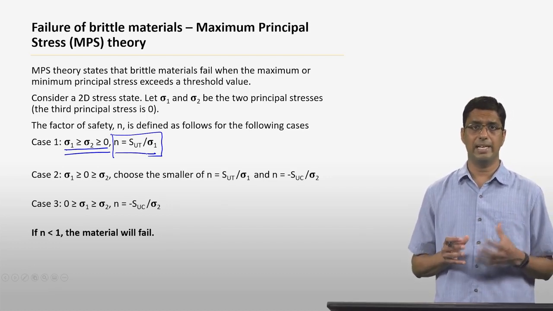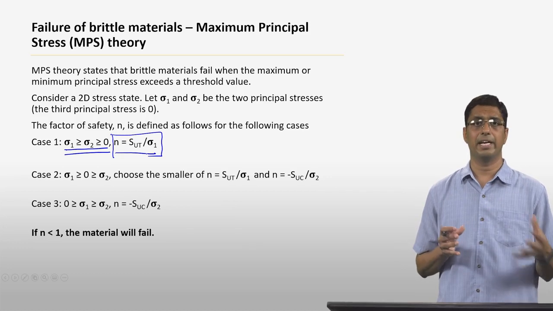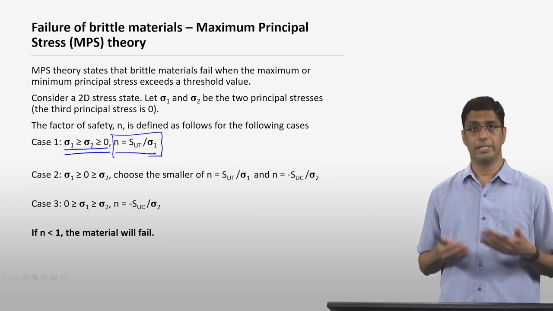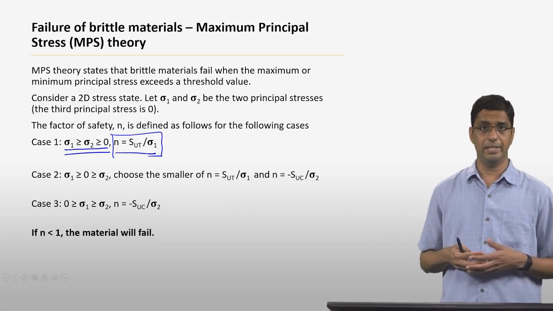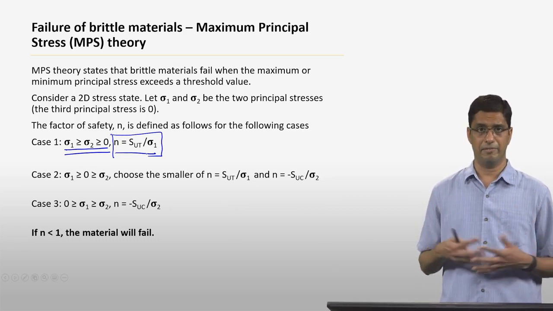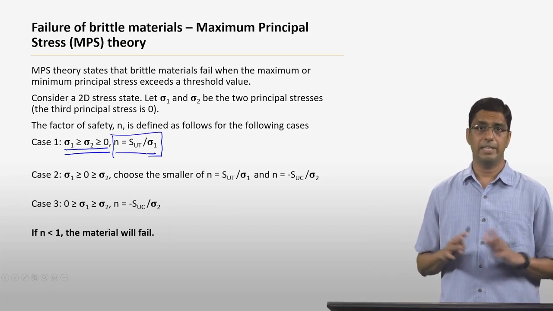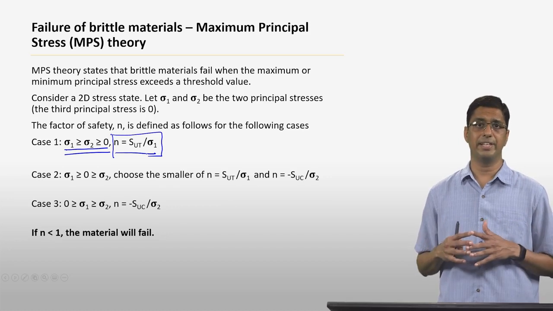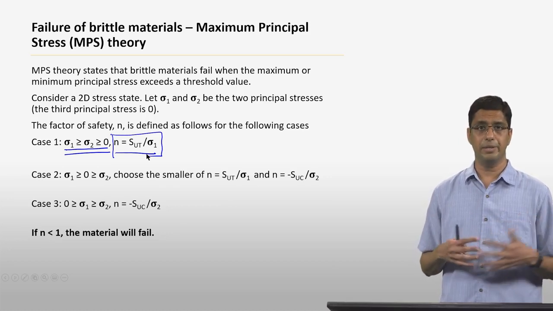And of course, if your sigma 1 exceeds SUT, your n will be less than 1, which means the material will fail. But in the case where sigma 1 is less than SUT, the factor of safety is just given by SUT over sigma 1.